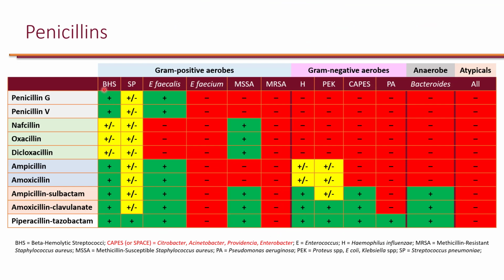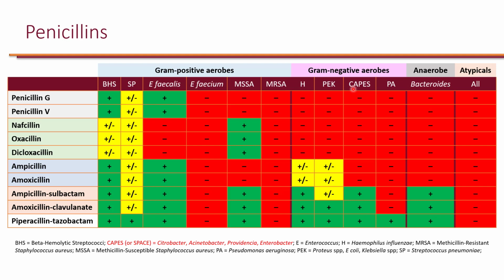So here we are looking at, on the left hand side, gram-positive aerobes: beta-hemolytic streptococci, Streptococcus pneumoniae, Enterococcus faecalis and Enterococcus faecium, as well as MSSA and MRSA. And then we have gram-negatives such as Haemophilus influenzae, as well as PEK, so P is for Proteus, E for E. coli, and K for Klebsiella.